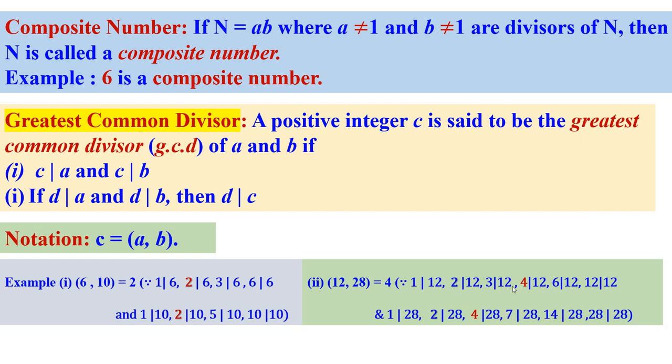These are the divisors we have listed for 12 and 28. Now, who are all the common divisors? 1, 2, 4. We don't have 3. We have 3 here, but no 3 here, but 4 we have here. So nothing else is common. Among the common divisors, namely 1, 2, 4, 4 is the greatest. So the greatest common divisor of 12 and 28 is just 4.